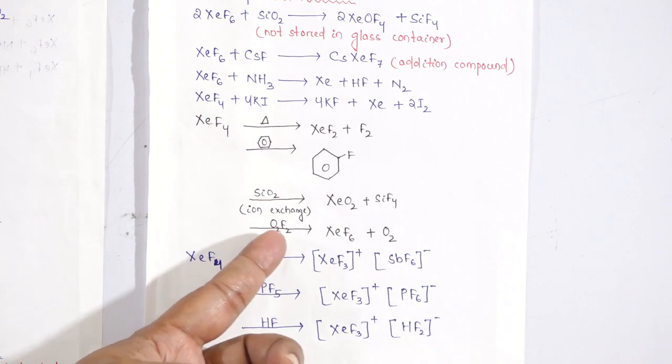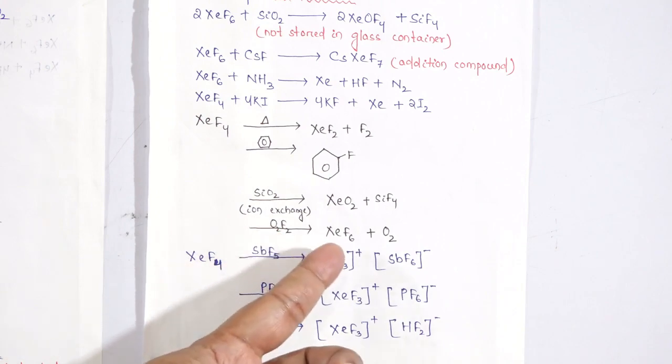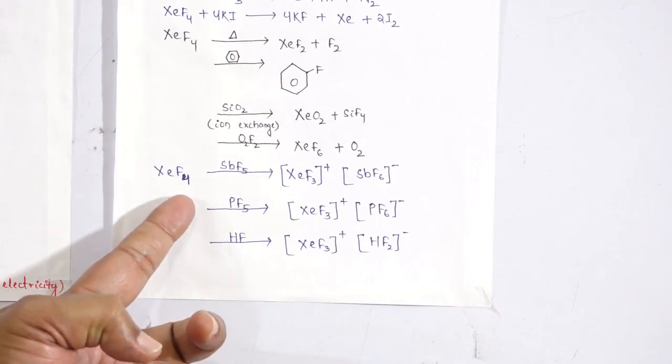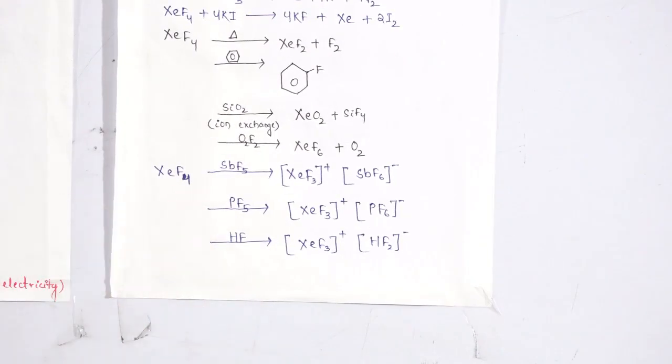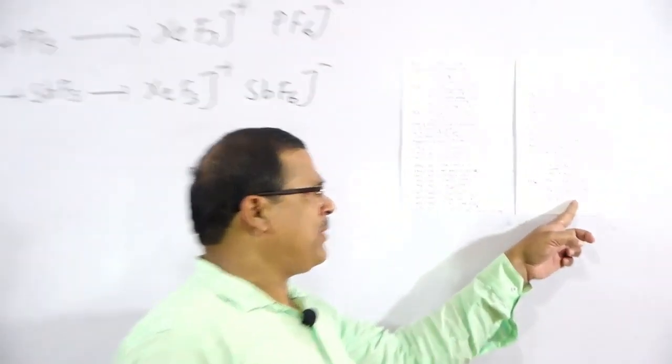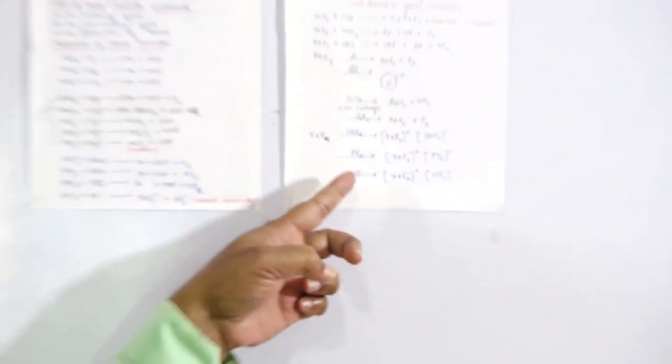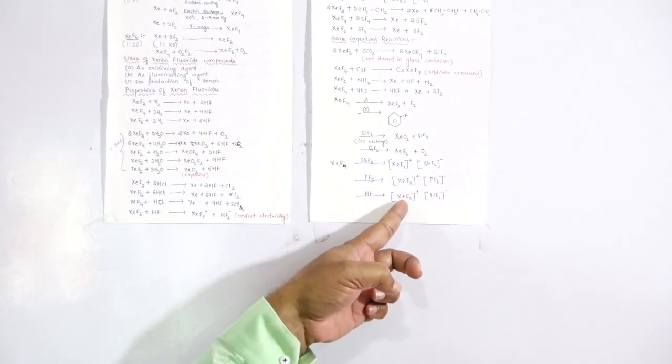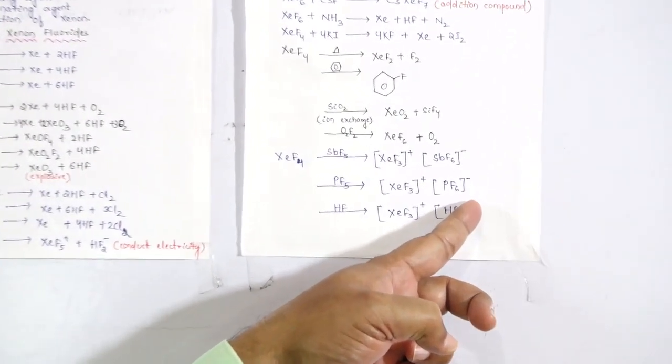XeF4 reacts with O2F2, and there is the formation of XeF6 and O2. Xenon tetrafluoride, which we have discussed, reacts with PF5 or SbF5 to form cationic and anionic compounds. And XeF4 reacts with HF to form again XeF3 plus and HF2 minus.